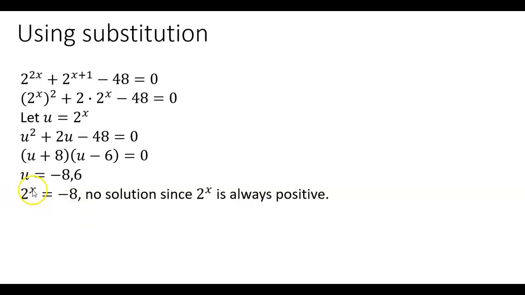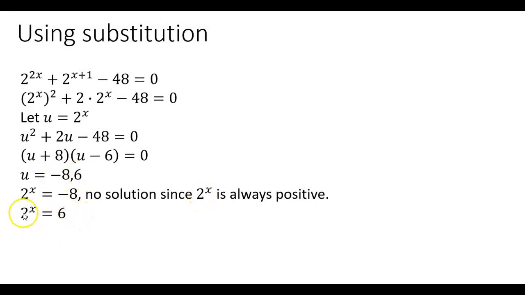And if I let x be negative, like a negative 3, remember, we can change that exponent from negative to positive by taking the reciprocal of it. So if I had 2 to the negative 3, that would be the same as 1 over 2 raised to the positive 3 power, which again is going to end up being positive. So this will have no solution here. We can see that if we wanted to graph that as well. So negative 8 here, we can kind of just leave alone.